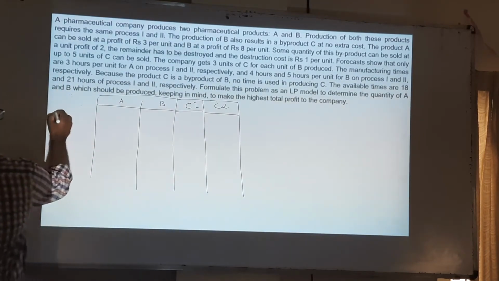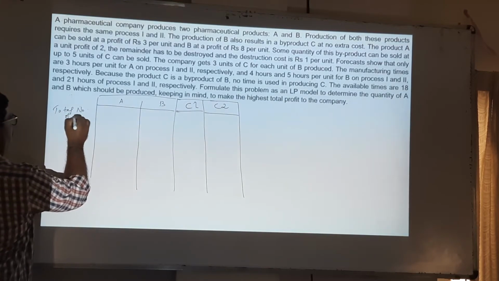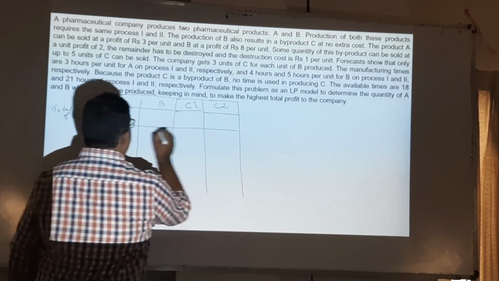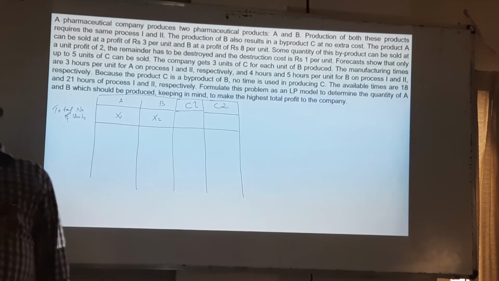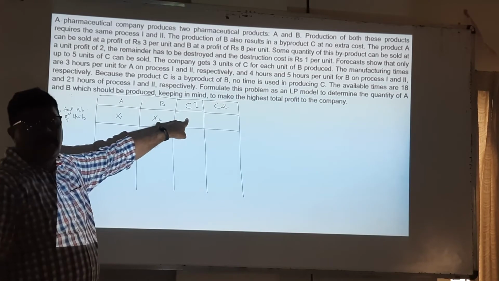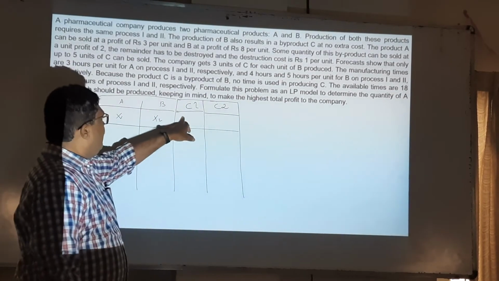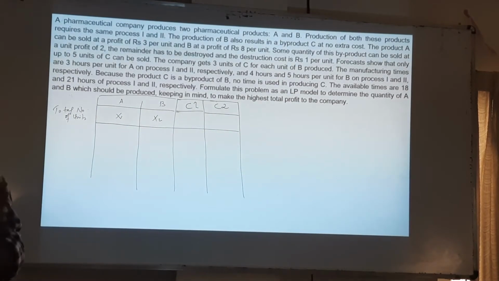Now the total number of units manufactured: A and B are X1 and X2. And B will give you a byproduct C. I divide C into C1 and C2 because part of the C can be sold, called C1, and part of the C is to be destroyed, called C2.